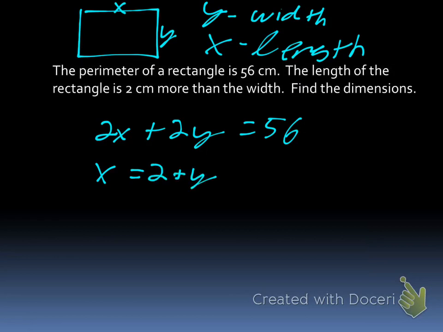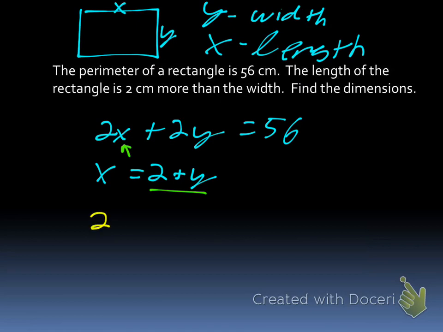So x equals 2 plus y. Now, clearly, should you substitute or eliminate? Substitute. You got an x equals in there, it's set up for you. Put that in there.